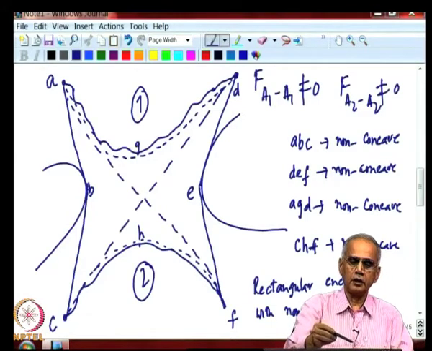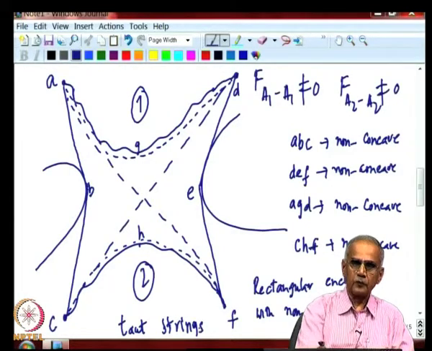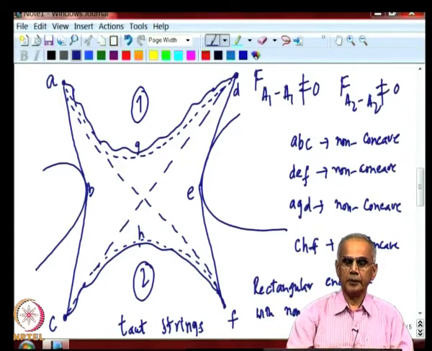Remember that all these are what are called taut strings. That is why the method we are now deriving is called the Hottel's cross string method.